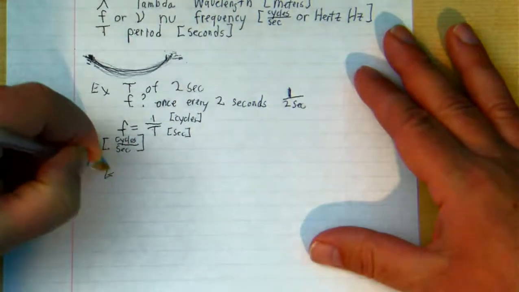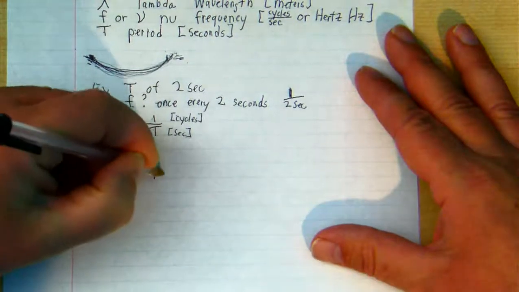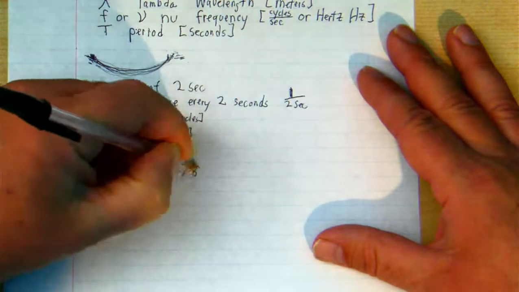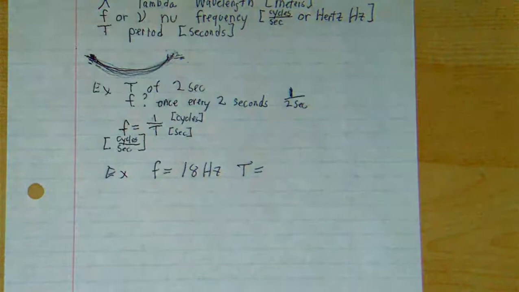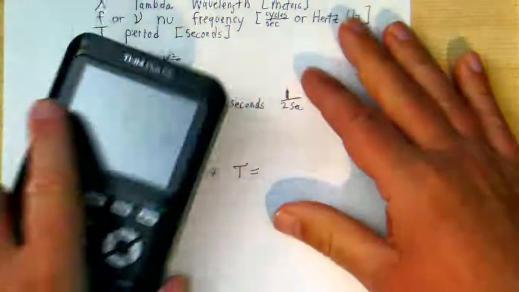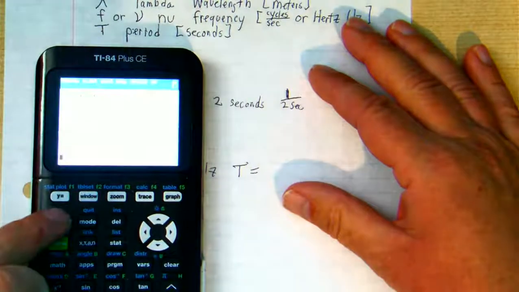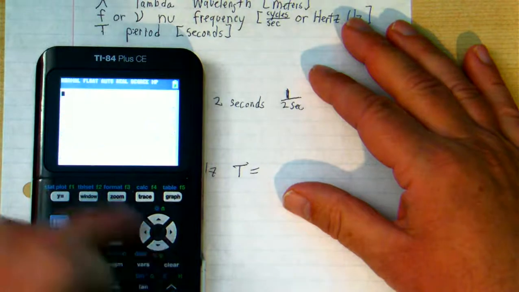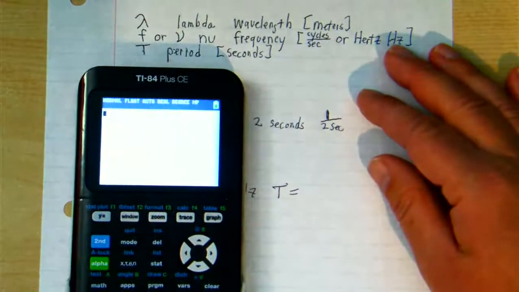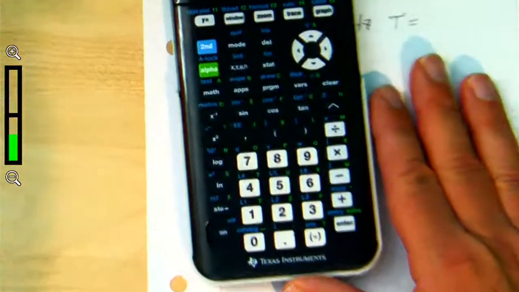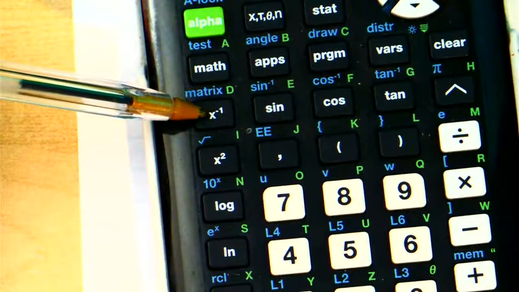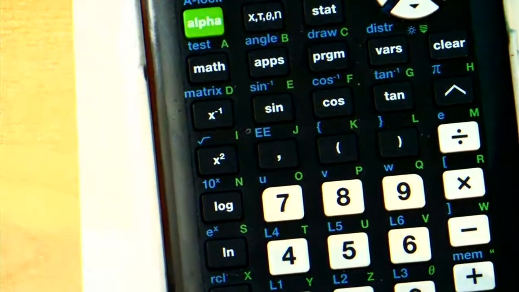So pick any number. If I tell you the frequency is 18 hertz, then on my calculator, I would say, please tell me, calculator, what is the reciprocal of 18? Well, I've got a convenient button for that. Here's where you would be using the x to the minus 1 button on your calculator. That will give you the reciprocal of whatever number you put in.